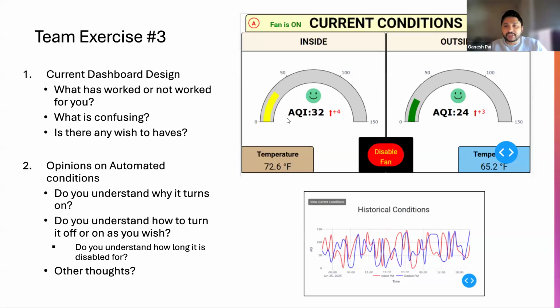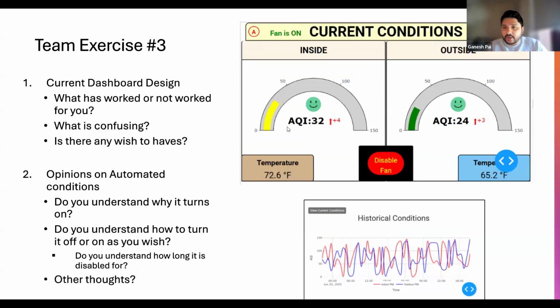Something that we have not discussed so far, nothing about the fan status or the automated condition or the historical tabs, like what time interval it is. Just in general, something that we haven't covered so far. Has something been confusing? Has something worked? Something not worked? Is there any wish that we can add to the interface to make it better?